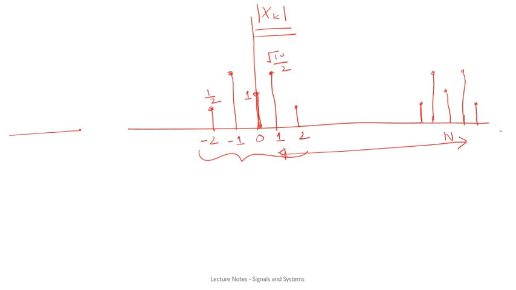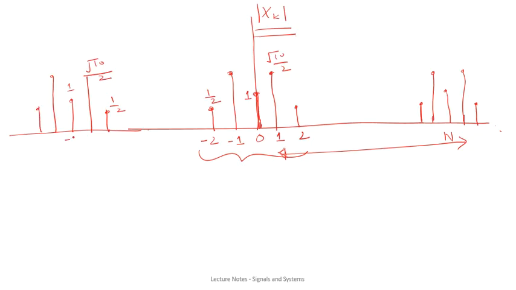And similarly here also, in this region also, if it is this 1, this is root 10 by 2, and this is 1 by 2. So this is root 10 by 2, this is 1 by 2, this is 1. So something like this.